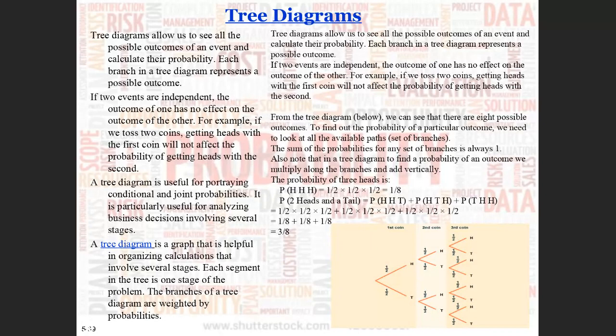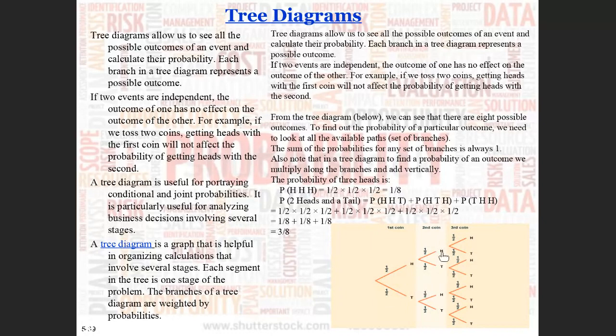The tree diagram, seen here on the right side, is a graph that's helpful in organizing calculations that involve several stages. Each segment in the tree is one stage of the problem. The branches of a tree diagram are weighted by probabilities. So if you look at this example of flipping coins, there's a 50% chance of getting heads and a 50% chance of getting tails.